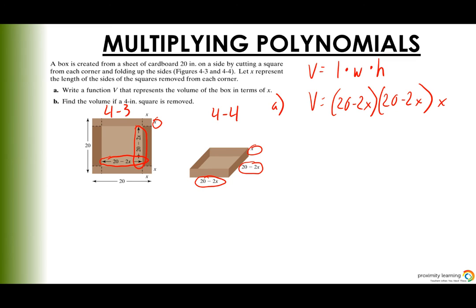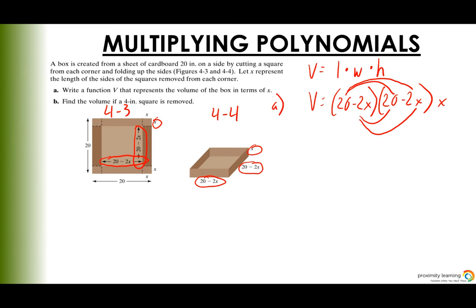Now, using our multiplying polynomials, we're going to multiply the first polynomial with the second polynomial. So 20 times 20, 20 times negative 2, then negative 2 times 20, and then negative 2 times negative 2x. And then we'll turn around and multiply all of those with the x.